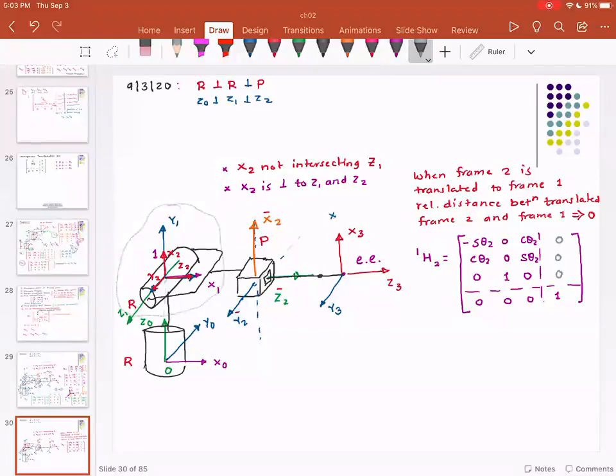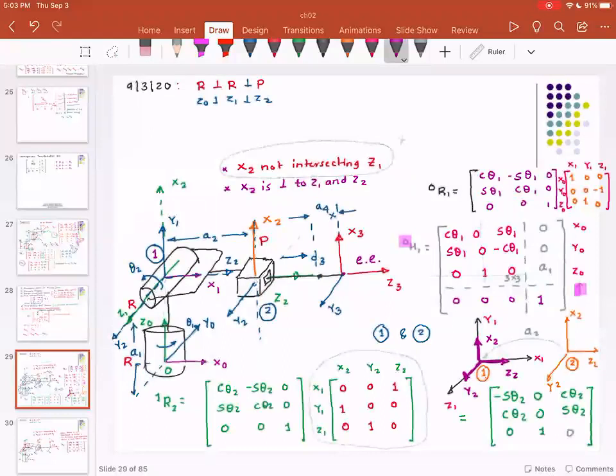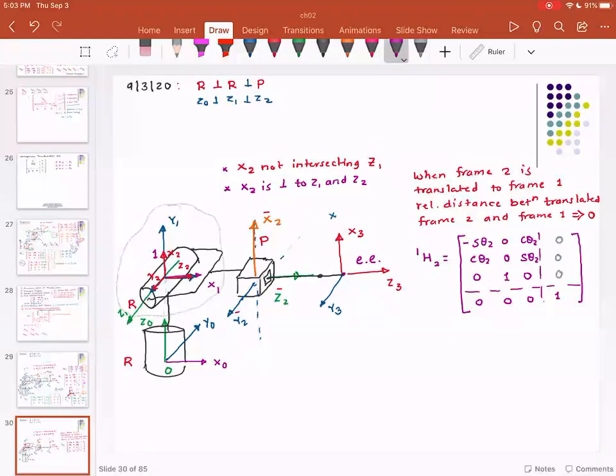Now some of you may ask me, wait a second, what really happened to the distance A2? Now, no need to worry about it. There are two ways to explain.